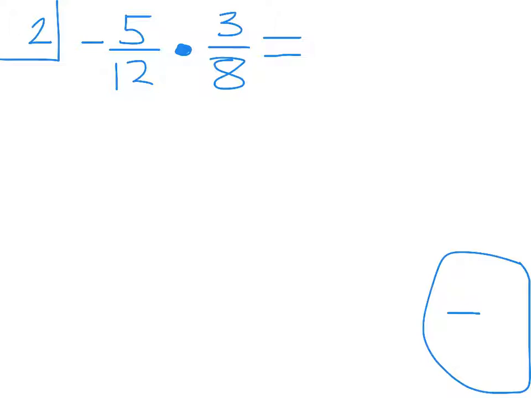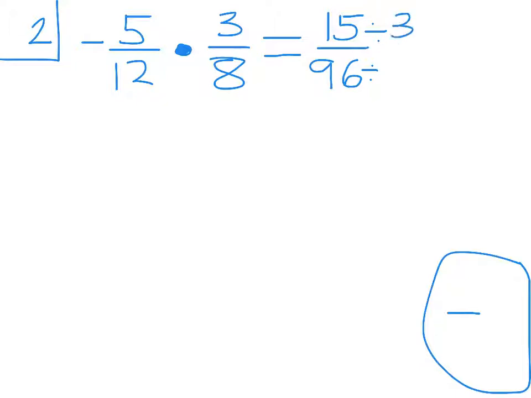And again, the way most of you have learned to solve, you go top times top, 15, bottom times bottom, and we get 96. Now, the tricky part is I've got to simplify this. This might not be as easy for some folks as it is for others. I'm going to try to see what goes into 15 and 96.